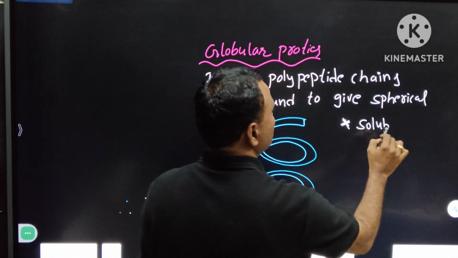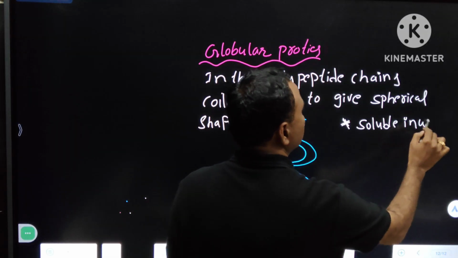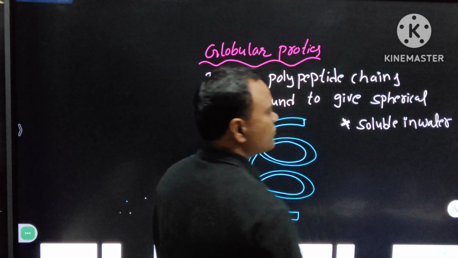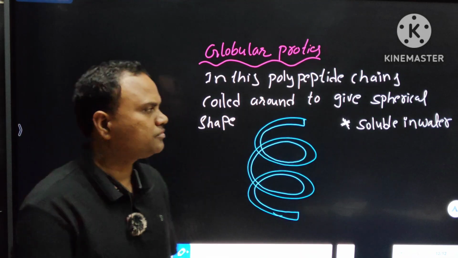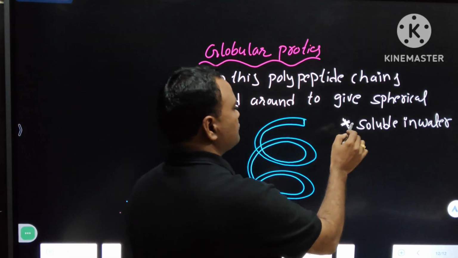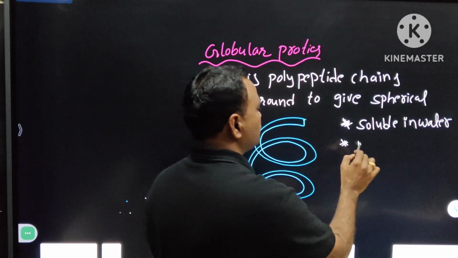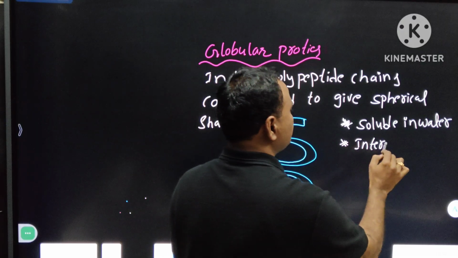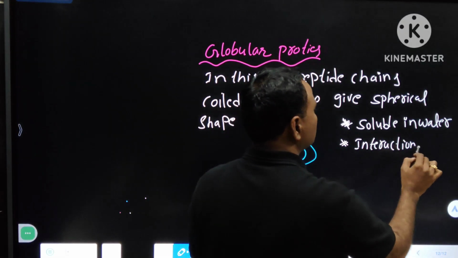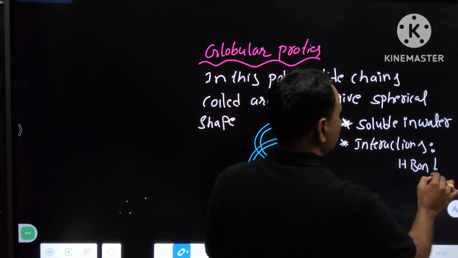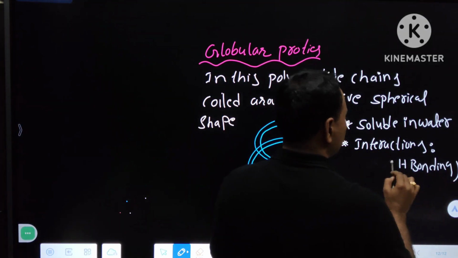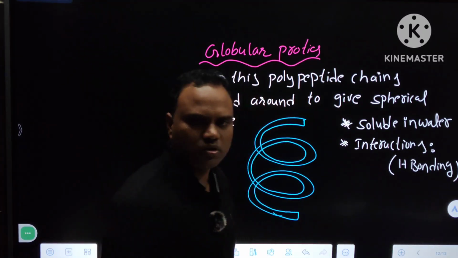These are soluble in water. Fibrous proteins are insoluble in water. Interactions: hydrogen bonding.